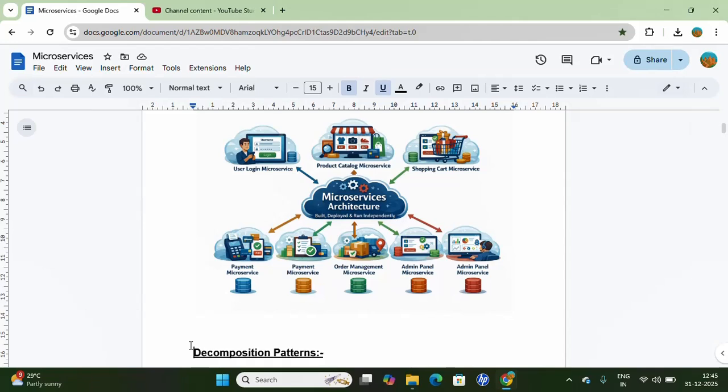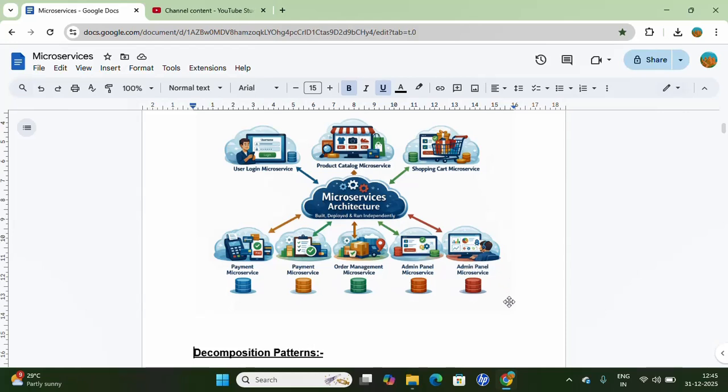This is a microservice architecture. We divided the application into multiple microservices. User login is one microservice. Product catalog is one service. Shopping cart, one more microservice. Payment service is one microservice. Then order management, and the admin portal, the admin panel service.